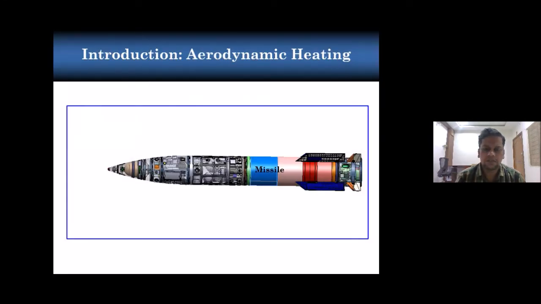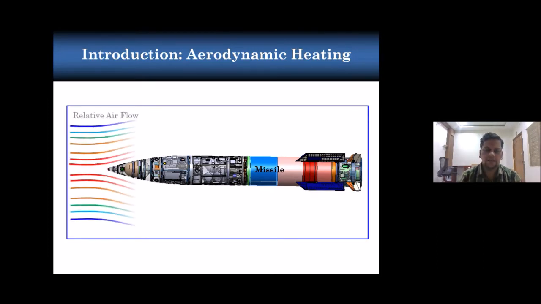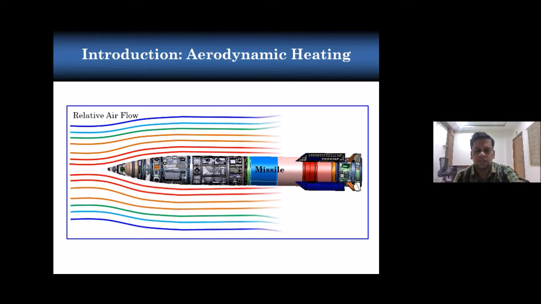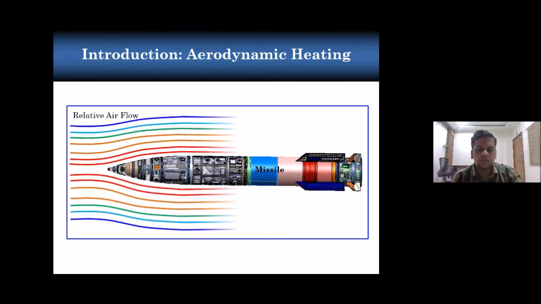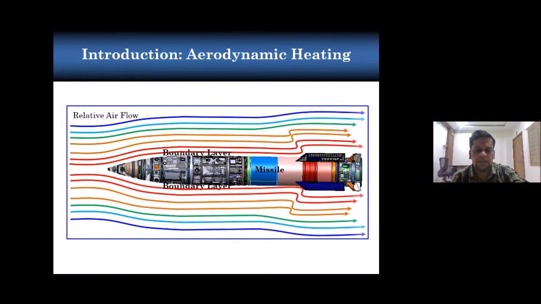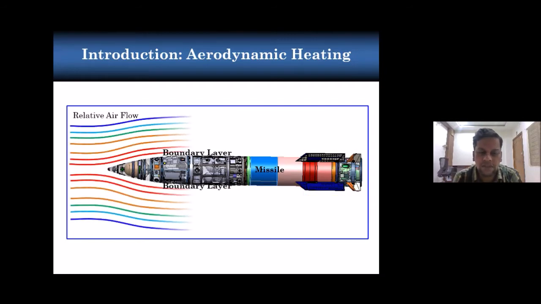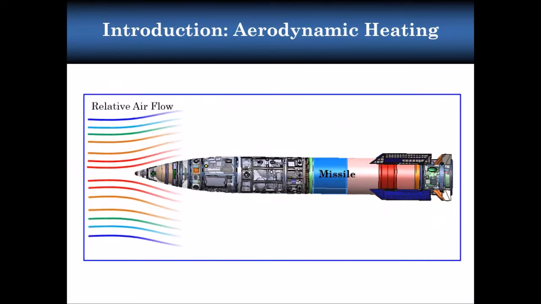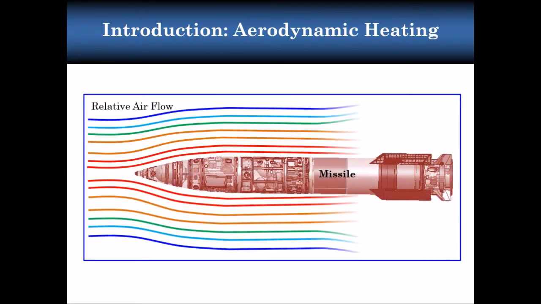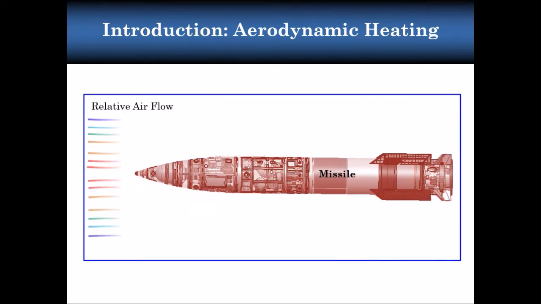Now, how does it generate? Here I am showing you a missile. When this missile flies at high speed, it splits the free stream air and moves forward. The air very close to the surface of the structure sticks to it. Initially the air has a total energy composed of kinetic energy and thermal energy.